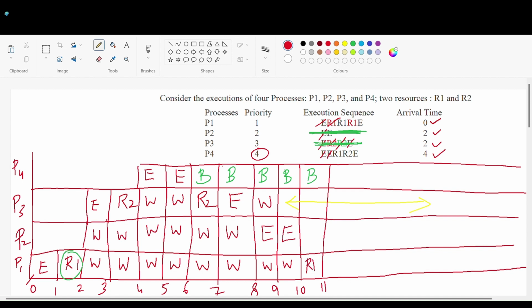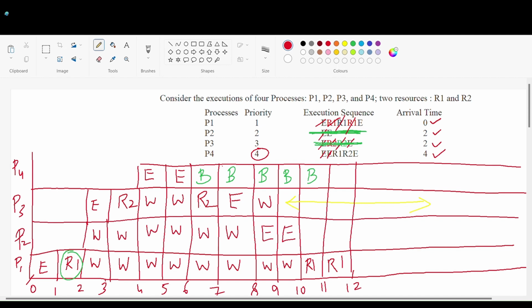So P4 is still blocked. Then P1 will start to execute again. So P1 will execute R1, right? So R1 is finished. Now resource R1 is available. Clear?